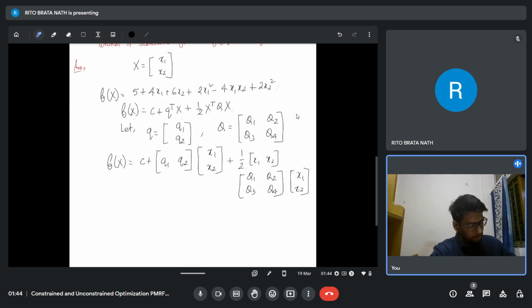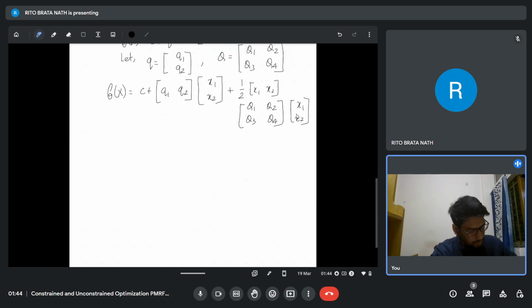Now you simplify this, so this is C plus Q1 x1 plus Q2 x2 plus half times, so it's Q1 x1 plus Q3 x2, and it's a row vector, so it will have another expression which I'll write down at the bottom.